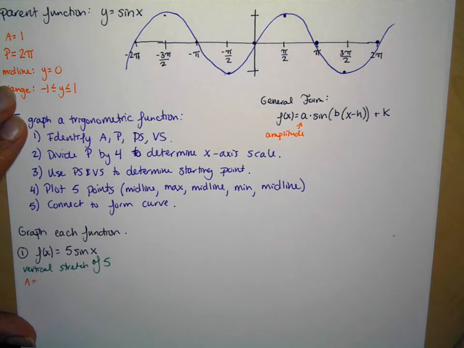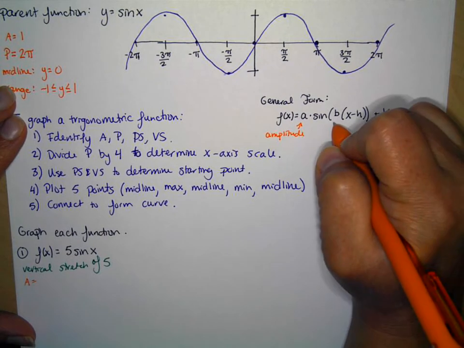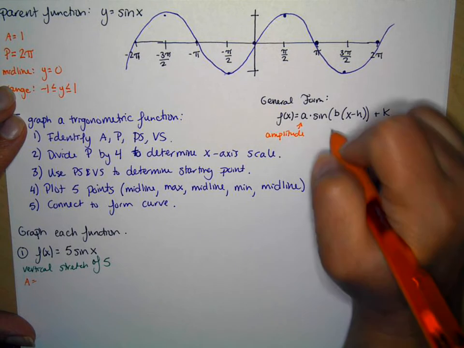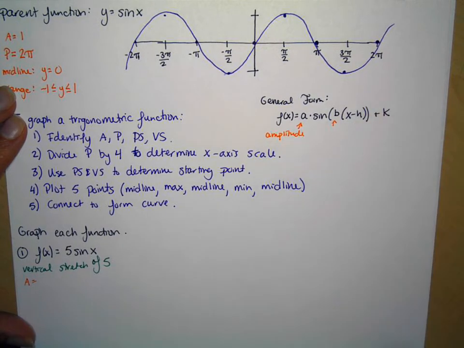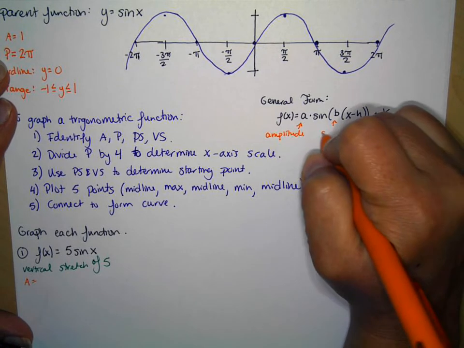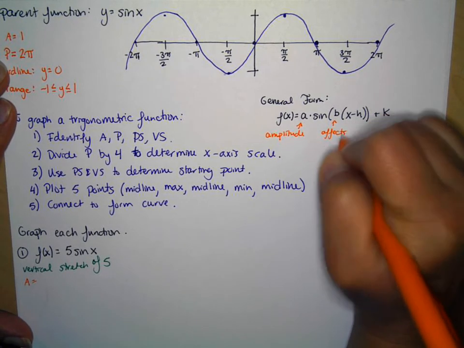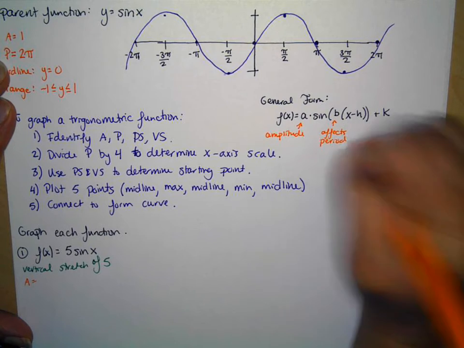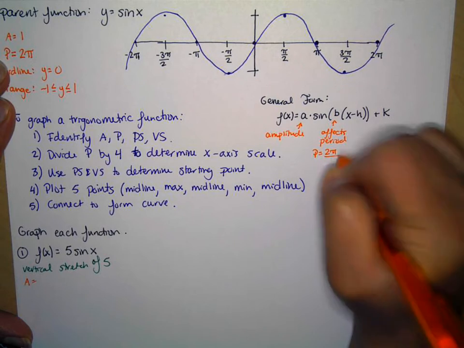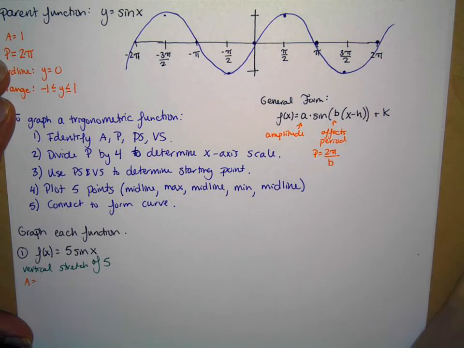That's your vertical stretch or shrink. If you multiply by a number inside, after the sine, that would be our horizontal stretches and shrinks, and that's going to affect our period. And to find our period, we'll do 2 pi divided by that b value, that number in front of x.